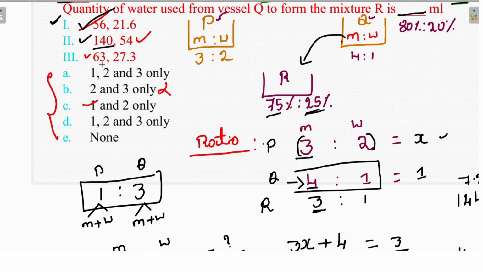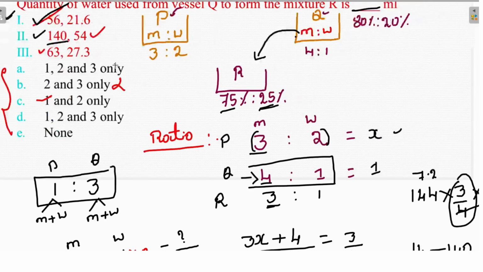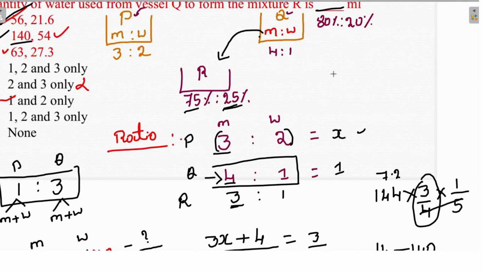Let's solve it. 14 parts is equal to 63. 1 part is equal to 9 by 2, that is 4.5, into 36 parts. 9 into 18, 9 eighteens are 162 liters.